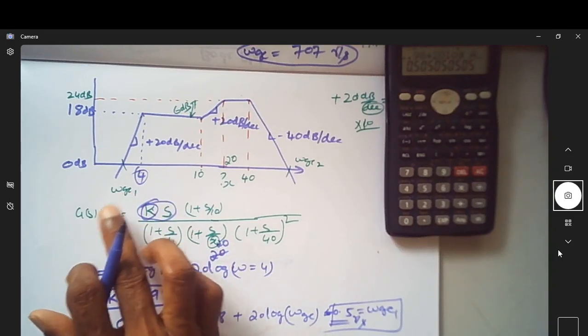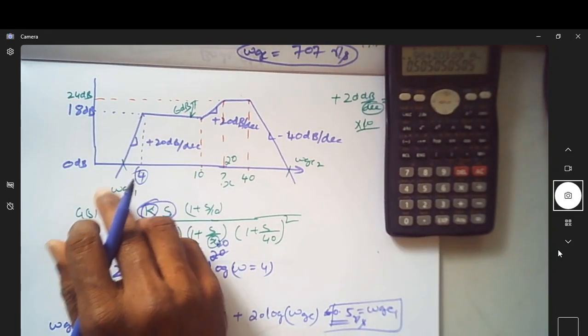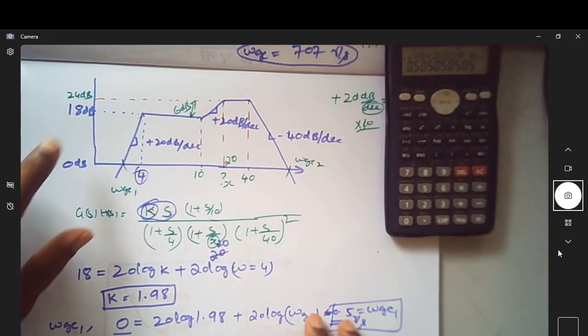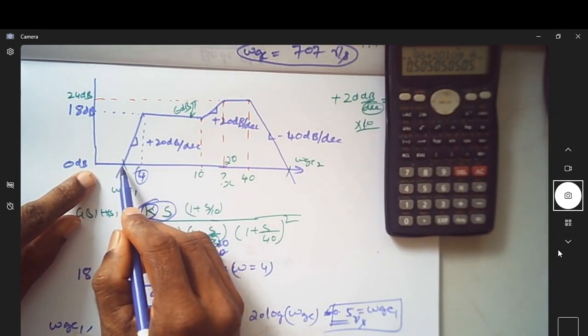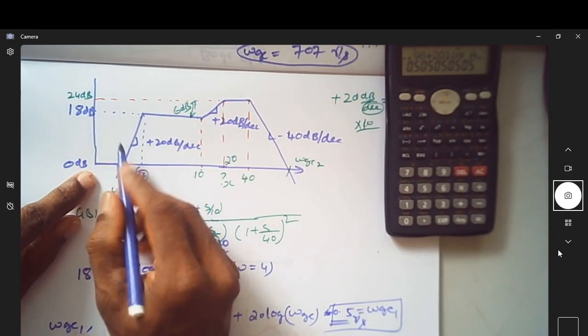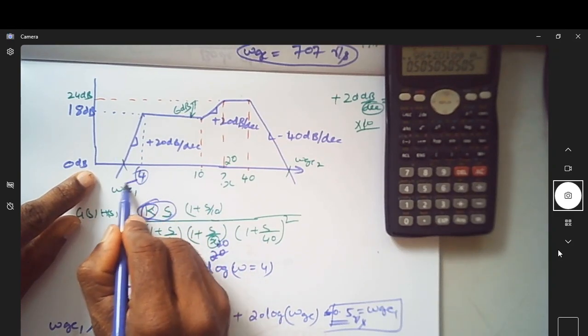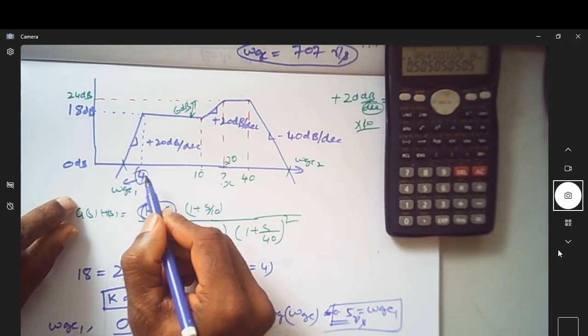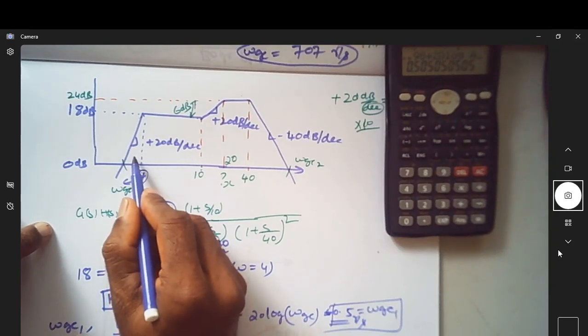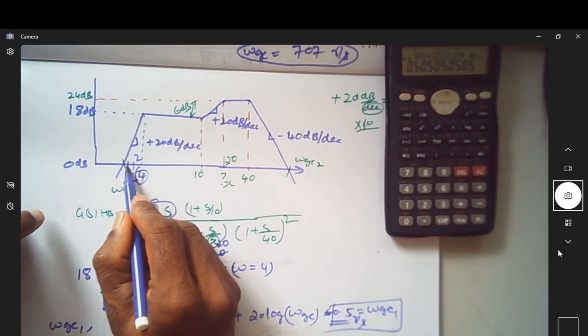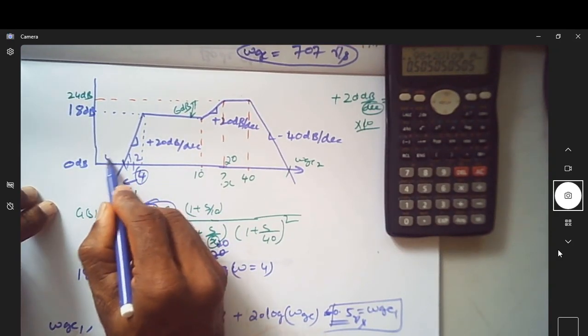How to actually make this out asymptotically? Even without doing this, can we find it? Can you see, this is 4, this is 18 dB. You are supposed to come 3 octaves back. So what is the first octave? Half of 4 is 2, another half is 1, another half is 0.5.